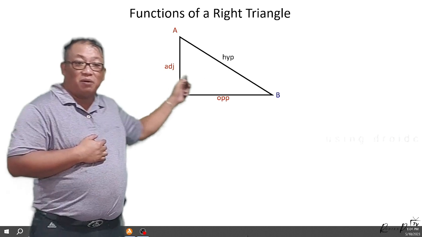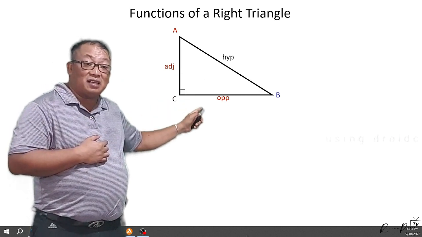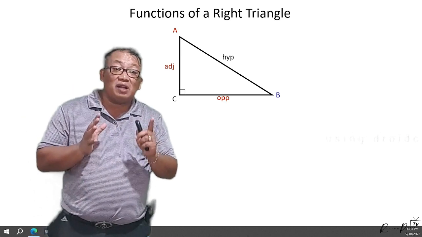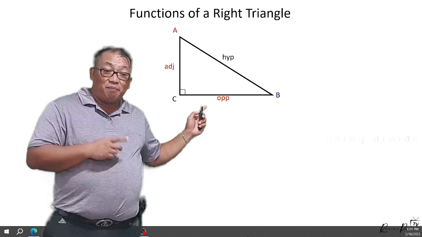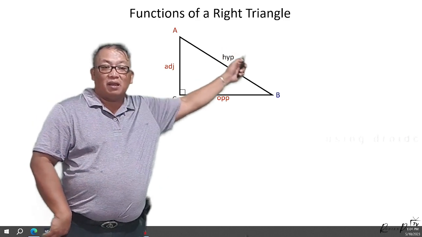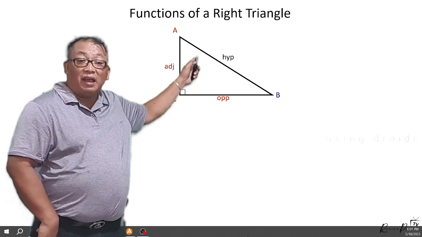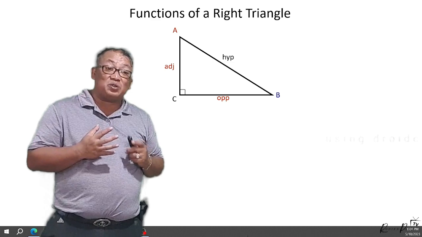It's very simple. This one is the opposite of angle B. And the adjacent is here. So it depends on the angle that you like to use. That's why in my example, I color the angle A red, and the sides that would define them are also red.